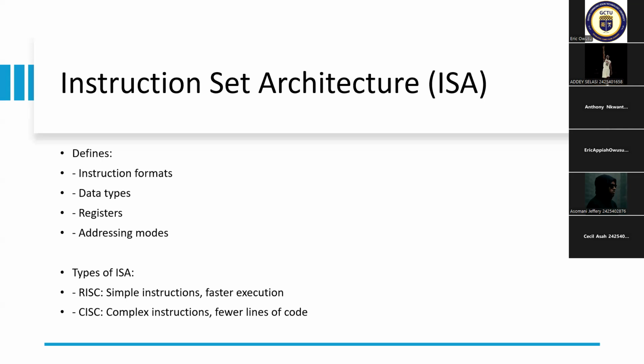Some examples of the reduced instruction set computer are the ARM processors used in smartphones. And examples of the complex instruction set computer are the Intel and the AMD chips we see in our PCs. So next person.